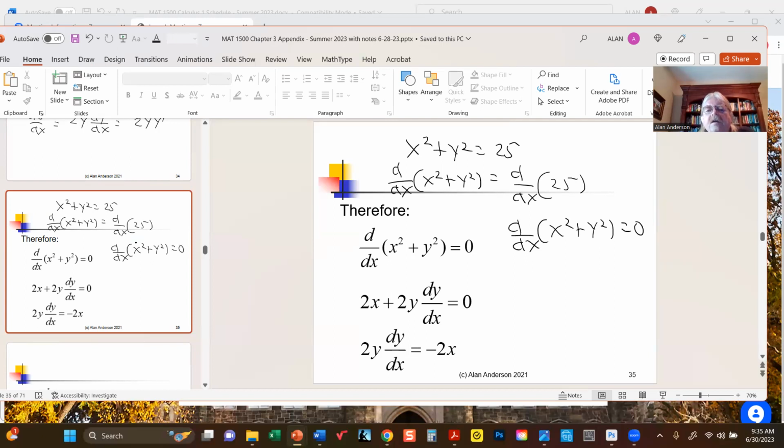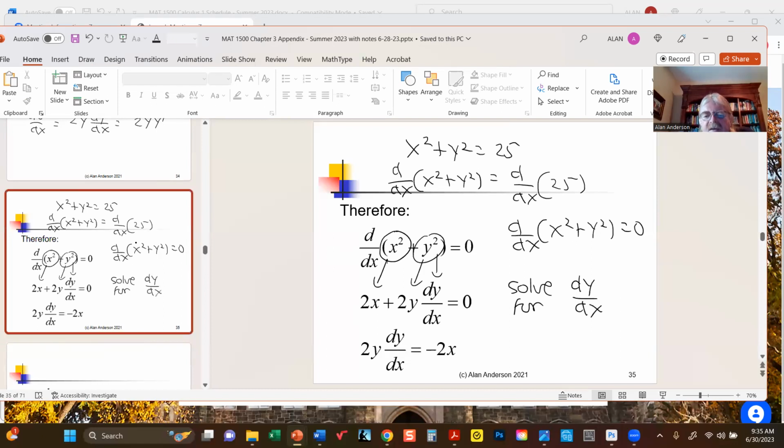Now, we know that when we take the derivative of x squared with respect to x, it becomes 2x by the power rule. The chain rule tells us that this is equal to 2y dy dx. So we still ultimately are trying to solve for dy dx. That's the whole purpose of all of this.